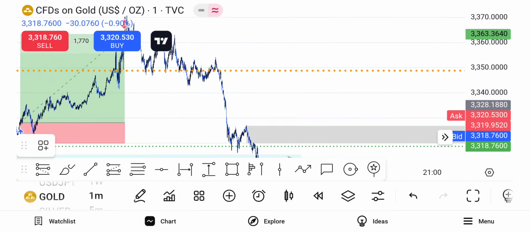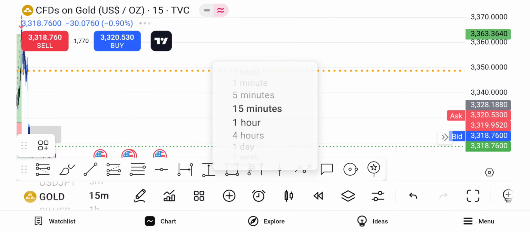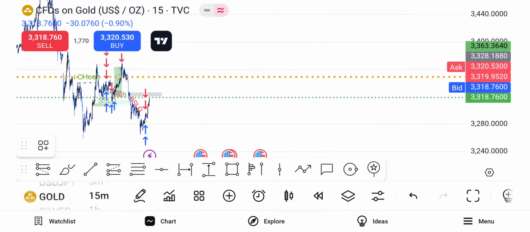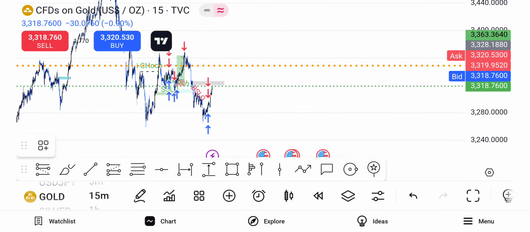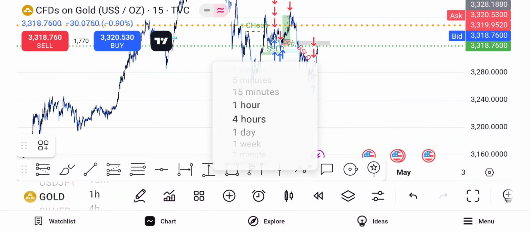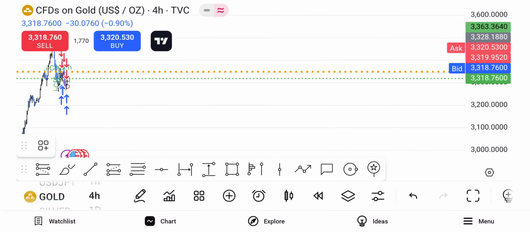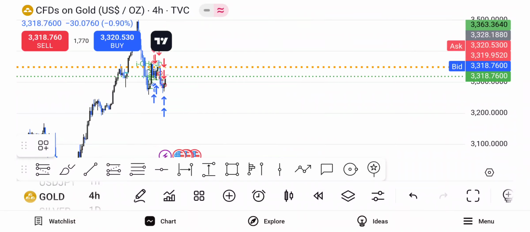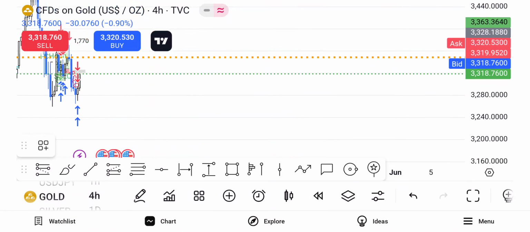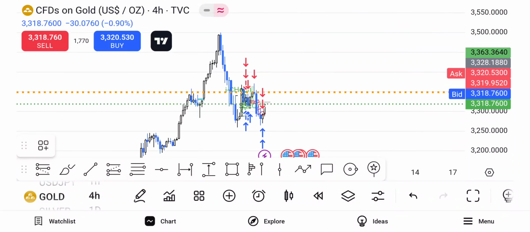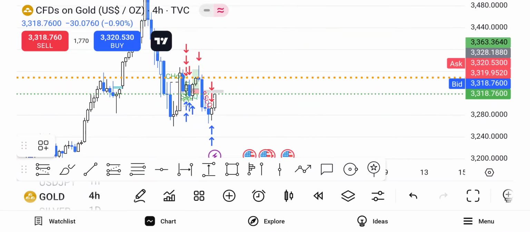This was the past trade, but on today's event, you can see that on the 4-hour phase, we're on the pullback phase.